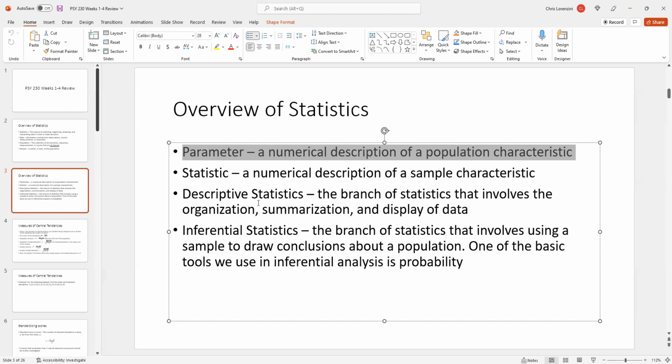And then statistics is broken up into two main branches. Weeks 1 and 2 were really descriptive statistics. Organization, summarization, display. Things like computing the mean, median, mode, standard deviation, range, graphical summaries. Those are all descriptive statistics.